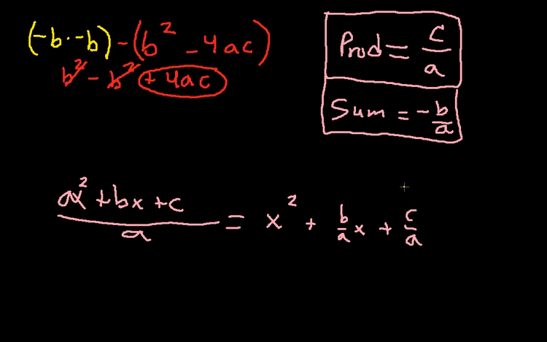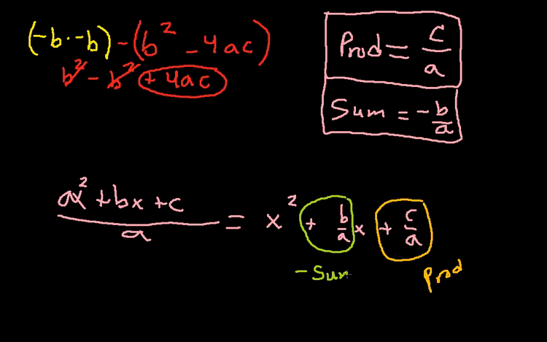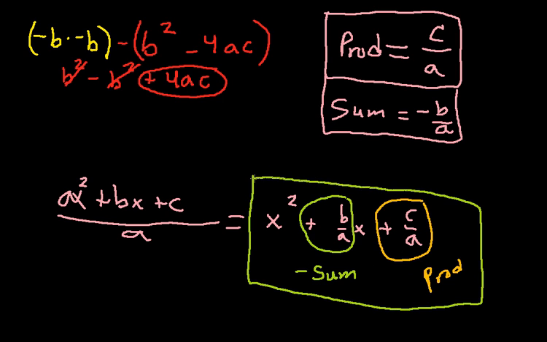Now we notice that c over a is the product of the roots, and this b over a is equal to the opposite sign of the sum of the roots. So that's how we got that formula. This is the derivation of the formula. If you just remember that it's x squared plus the negative of the sum of the roots times x plus the product of the roots, you're okay. But this is a way to derive it, and maybe I'll even go back and make a video that's more clear. But that's further into depth on that one problem.